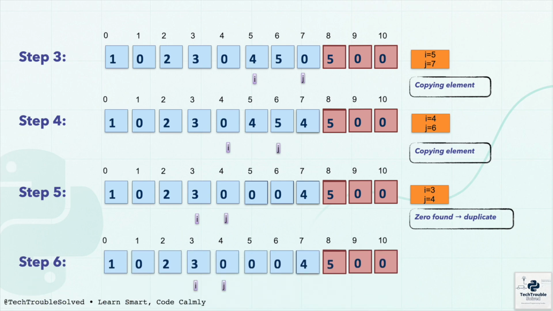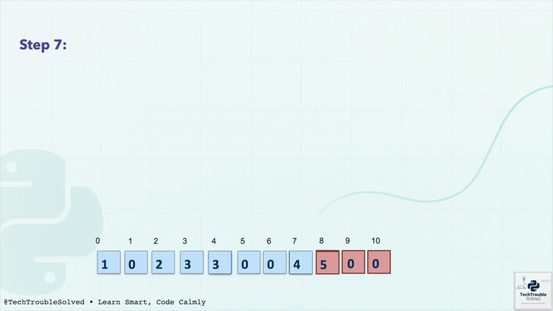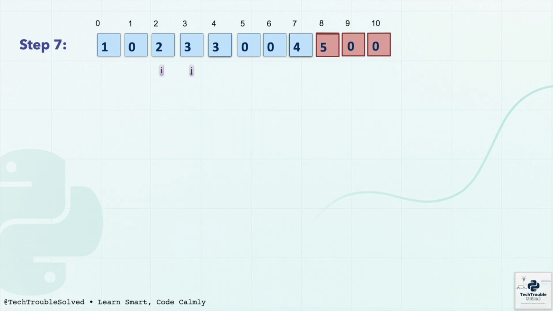In step 6, I is at index 3 and j is at index 4. I is pointing to a 3, so copy it to j equal to 4. Pointers move back again by one step. So at the end of step 6, the new pointers will be I equal to 2 and j equal to 3. At step 7, I is at 2 and j is at 3.